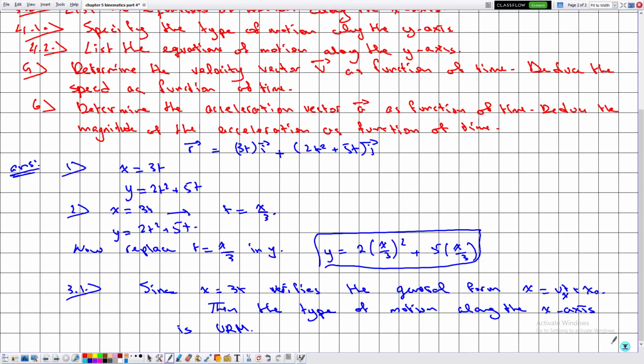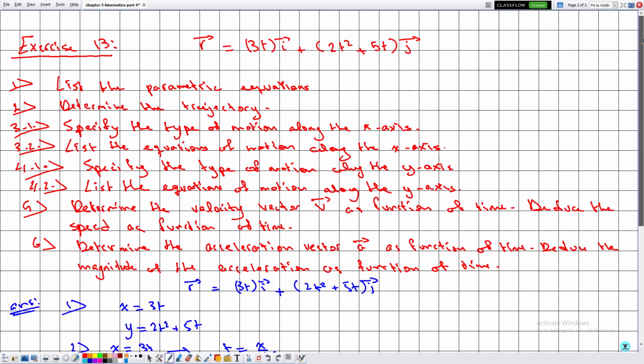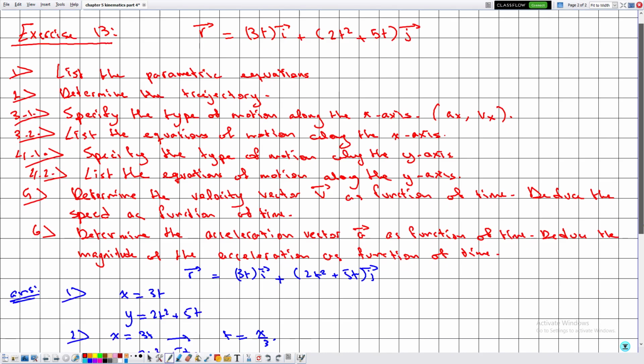So the type of motion along the x-axis is URM simply because it's linear in time. Okay. Now in number 3.2, they are telling me to list the equations of motion along the x-axis, and here let me write between brackets, I'm talking about the acceleration and the speed as function of time.